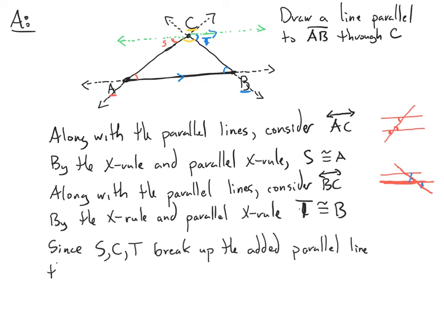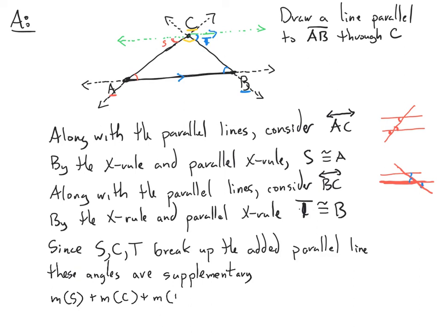These angles are supplementary. So that means that the measure of angle S plus the measure of angle C plus the measure of angle T is 180 degrees. So we're almost there.